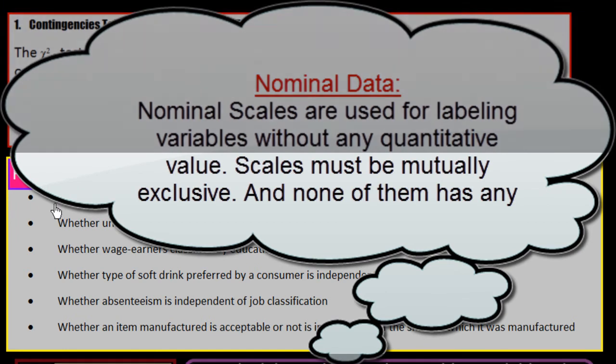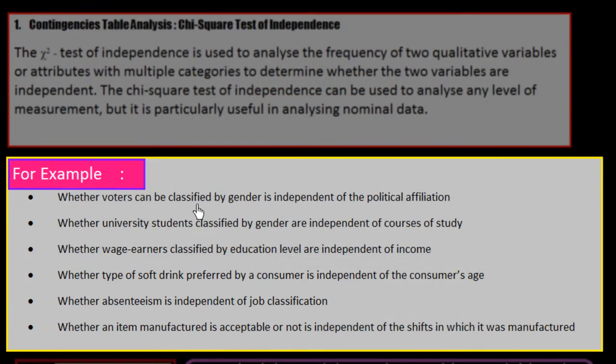Now, for example, whether voters classified by gender are independent of political affiliation. These sorts of questions we could answer through this contingency table analysis. Whether university students classified by gender are independent of courses of study. Whether wage earners classified by education level are independent of income.